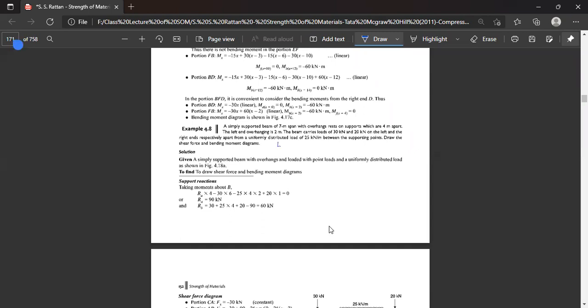So the left hand overhang is given as 2 meter. Right hand overhang is given as 7 minus 4 minus 2, which is equal to 1 meter.